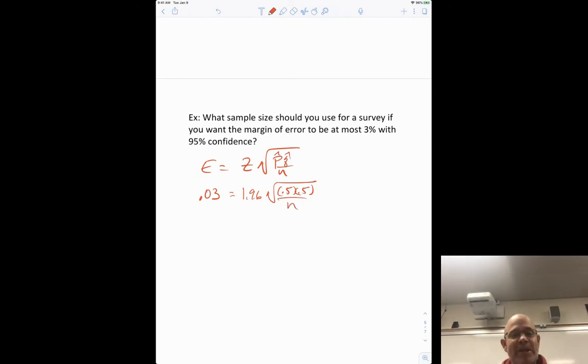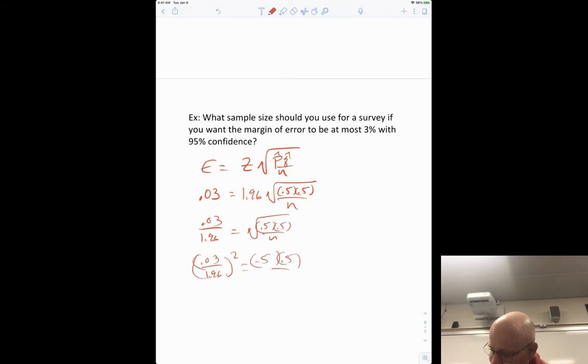Now you just solve this equation for n. I'll do a little algebra here for you. 0.5 times 0.5 divided by n. Maybe I'll square both sides, and then invert and multiply. So let's go 0.03 divided by 1.96, and I'm going to square that.